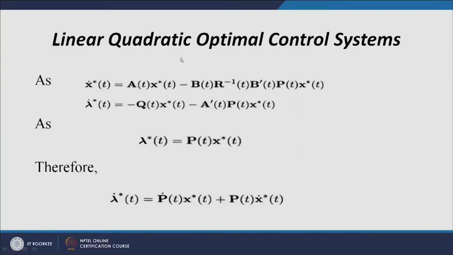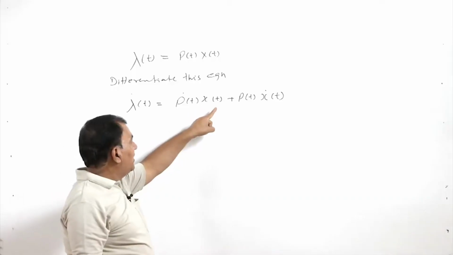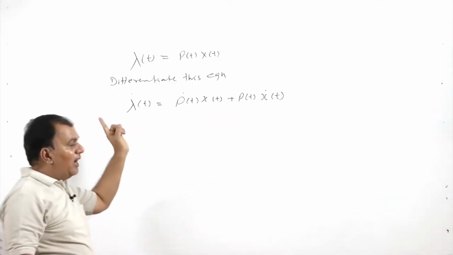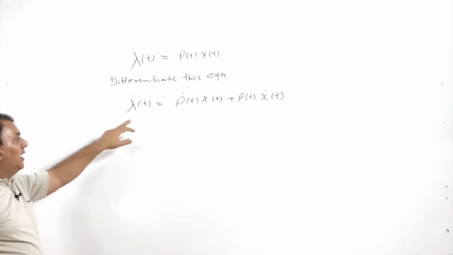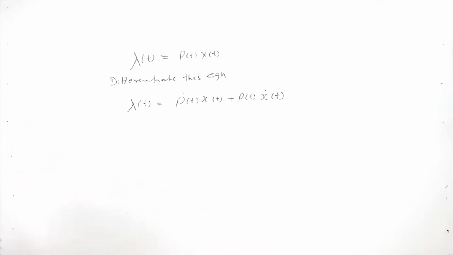With this I am writing these two relations as Ax minus B R inverse B prime Px, and lambda dot as minus Qx minus A prime Px. So, I am representing x dot and lambda dot both in terms of x. Now, in lambda dot(t) equal to P dot x plus P x dot, I am substituting the values of lambda(t) and x(t).